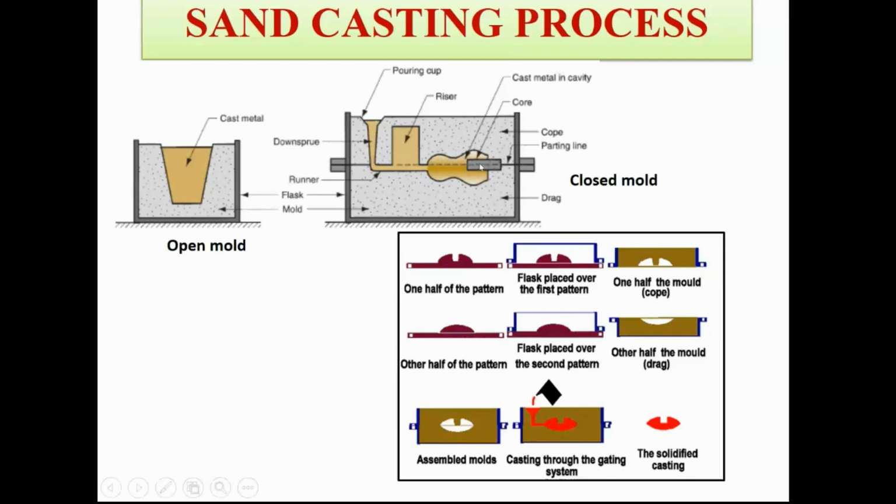Centrally there is a die cavity of predefined shape and size, and molten metal fills the entire cavity, and whatever extra material you have filled will take its place in this section, which is called the riser. Then you allow it to solidify.